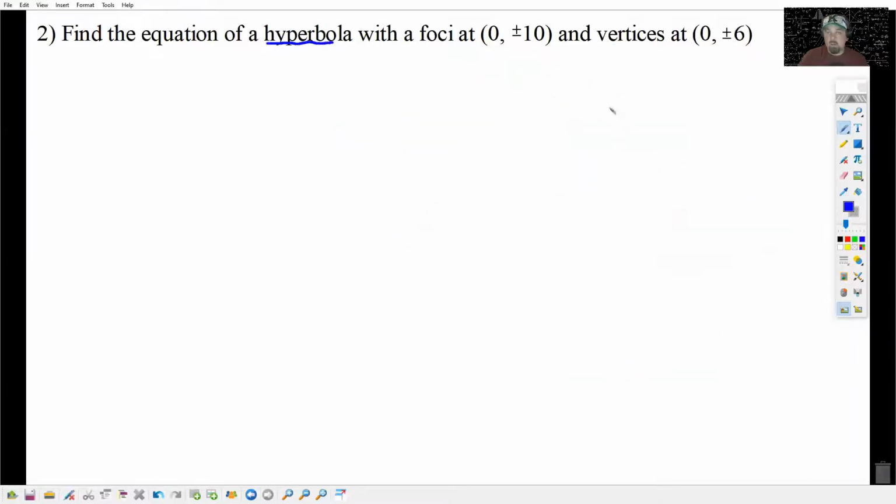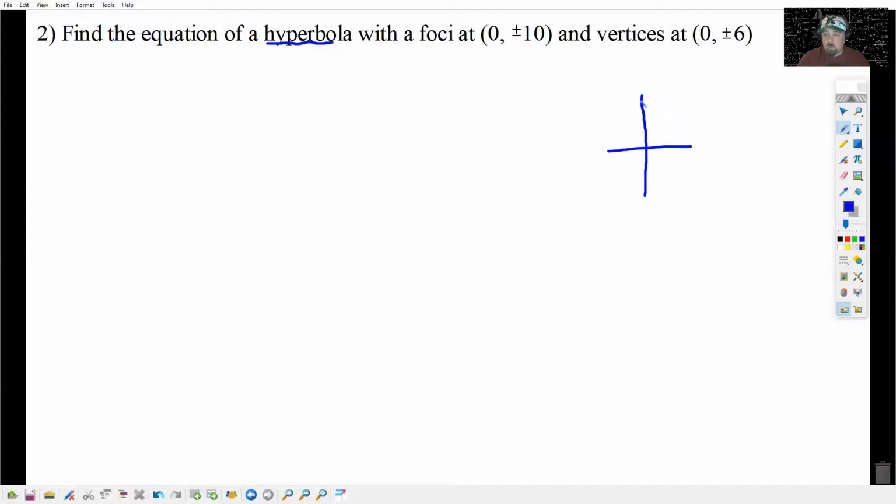This hyperbola has foci at (0, plus or minus 10) and vertices at (0, plus or minus 6). Since the x values are 0, this hasn't been transformed, but these are y values, so this is going to open up on the y-axis. Let's sketch what this should look like.